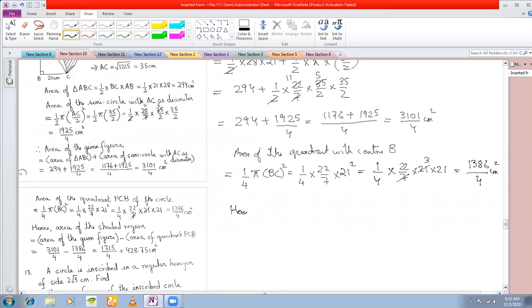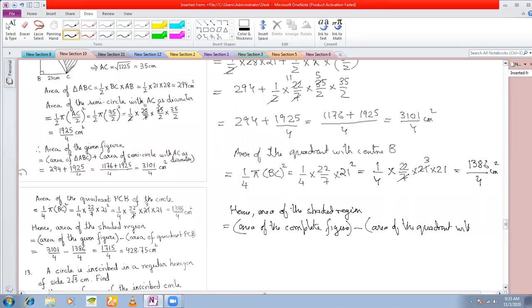Hence, what is the area of the shaded region? It is area of the complete figure minus area of the quadrant with center B. So area of the complete figure we have found out to be 3101/4, and area of this quadrant we just found out to be 1386/4.